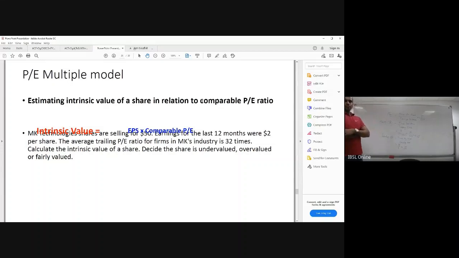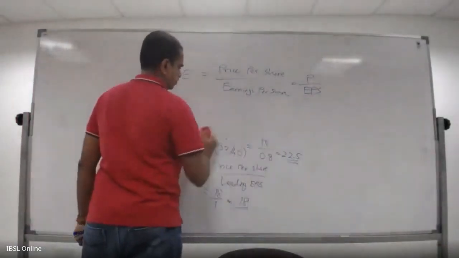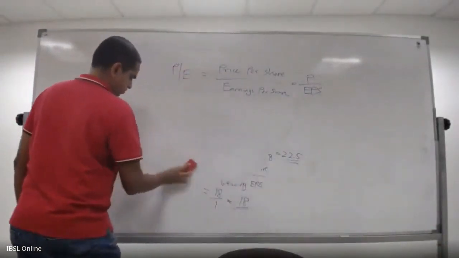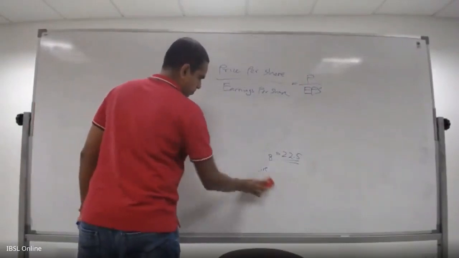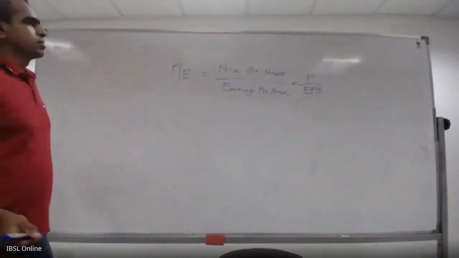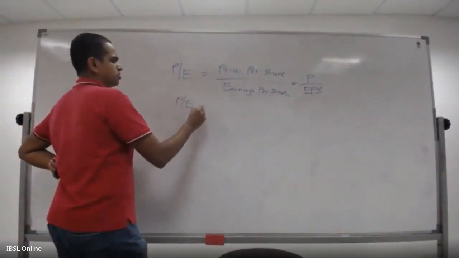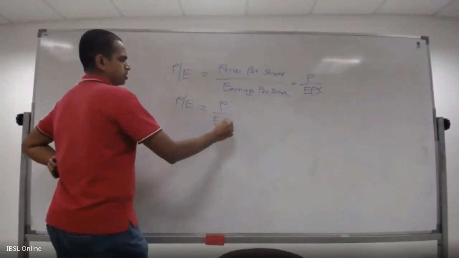So estimating intrinsic value of a share in relation to comparable PE ratios. Now, if you go back to this equation, PE ratio is the price divided by earnings per share.